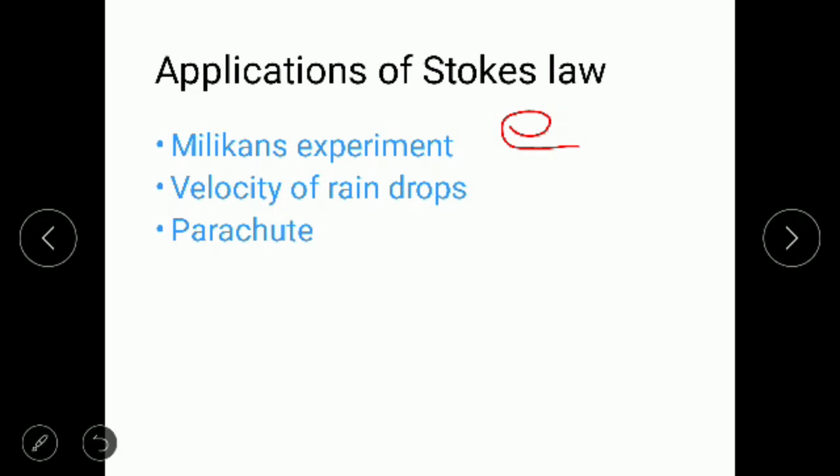Now, the third one is the parachute. When a person with a parachute jumps from a flying aeroplane, he descends very slowly in air. In the beginning, the person falls with acceleration due to gravity, but soon the acceleration goes on decreasing rapidly until the parachute is fully open.